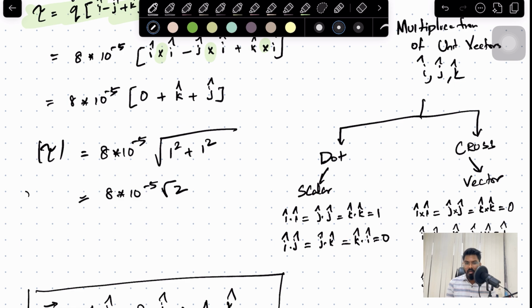This is nothing but 8 into root alpha by 10 to the power minus 5. That means we are looking at alpha. Actually, square root is not alpha. Alpha is 2. That is the answer we are looking for.